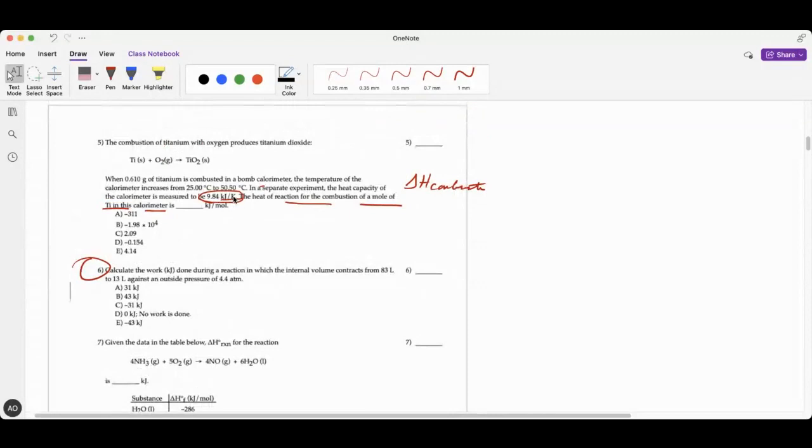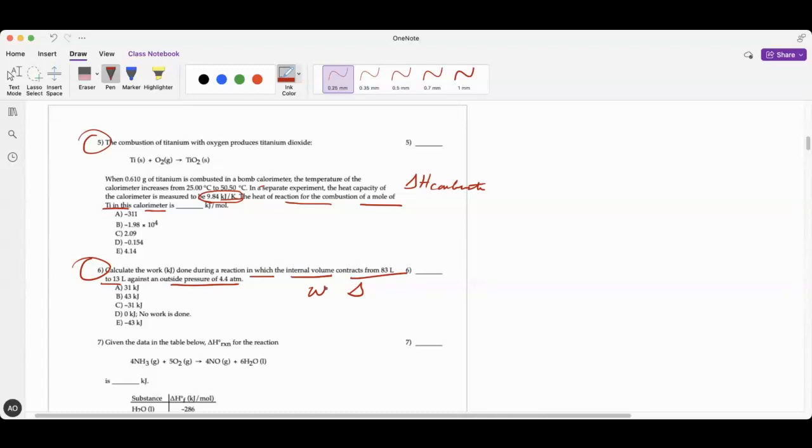Number 6: calculate the work in kilojoules done during a reaction in which the internal volume contracts from 83 to 13 liters against an outside pressure of 4.4 atmospheres.